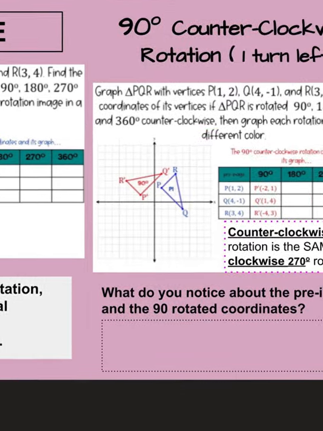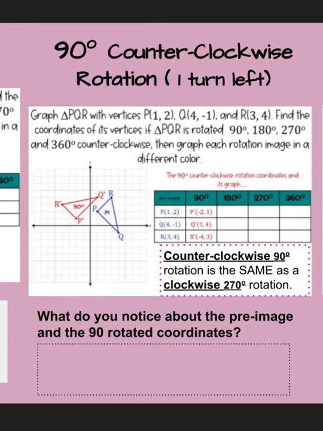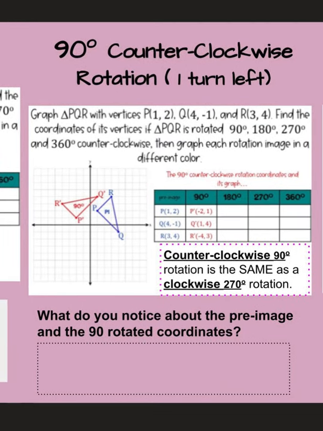On our first example, we're going to go counterclockwise 90 degrees. Turning counterclockwise 90 means you're going to turn one time. Imagine the screen that you're looking at turning just one time to the left. Here are our original points, and here are the coordinates of the counterclockwise 90-degree rotation.